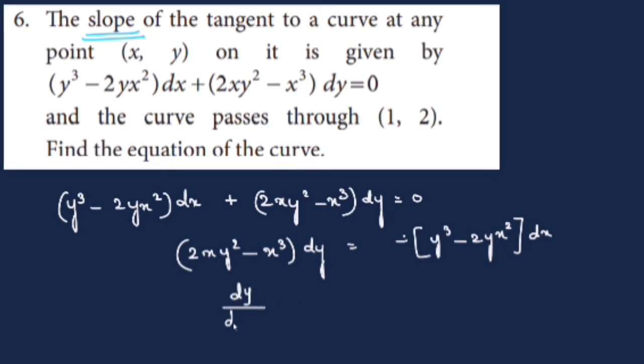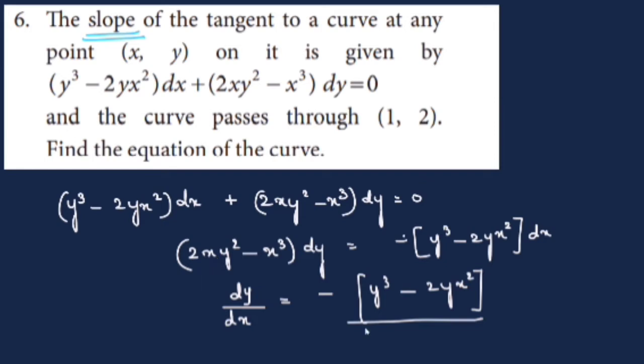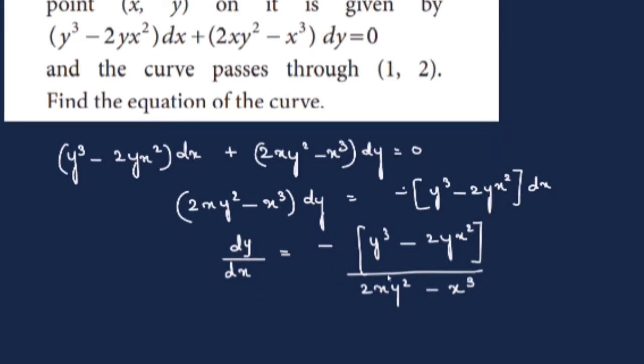So dy by dx is equal to minus of (y cube minus 2y x square) divided by (2x y square minus x cube). Now we will rewrite this by putting the minus sign in the denominator so that we get similar terms.